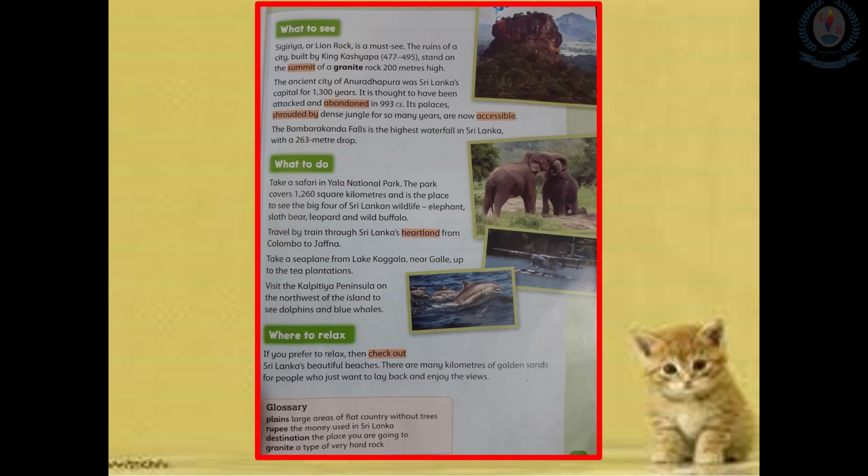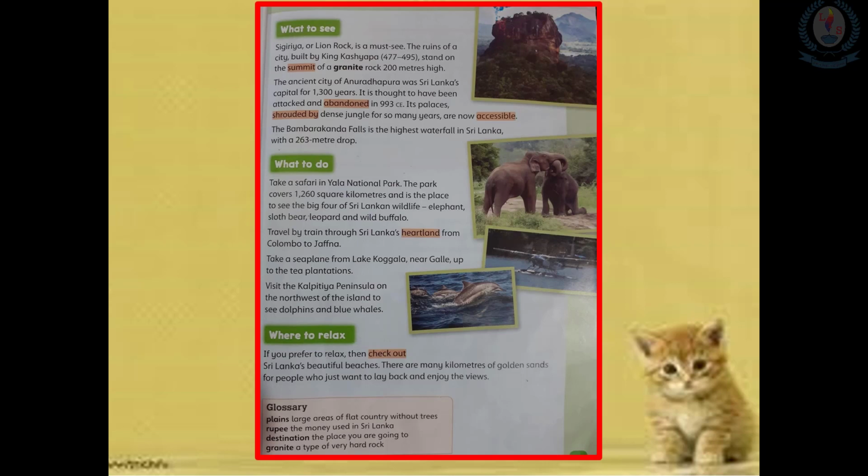Here, the writer mentions what we can do. How we go to those places is mentioned in this passage. How many places does he refer to here? He referred to Yala National Park, which has a huge variety of animals, and also he mentioned train traveling and seaplanes, which are now a popular tourist mode of transport.